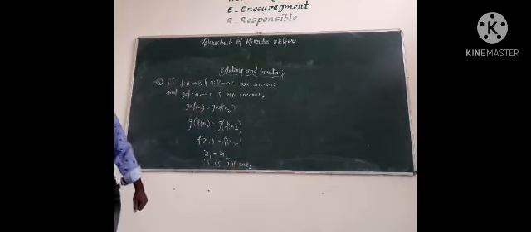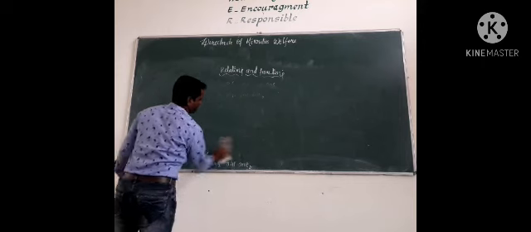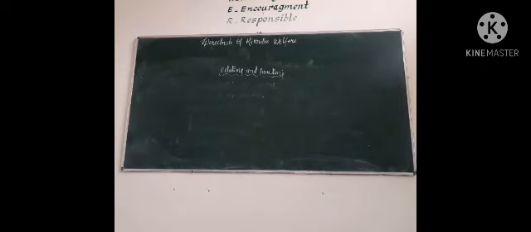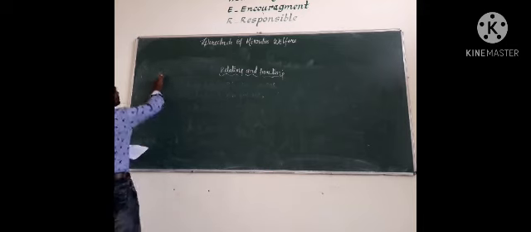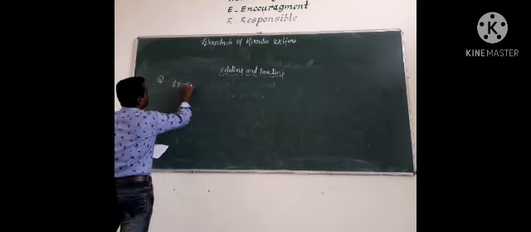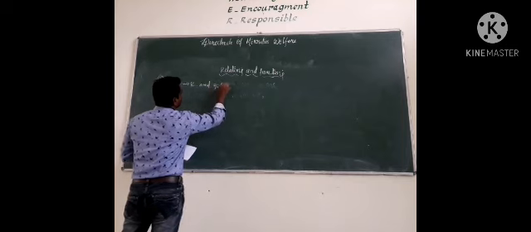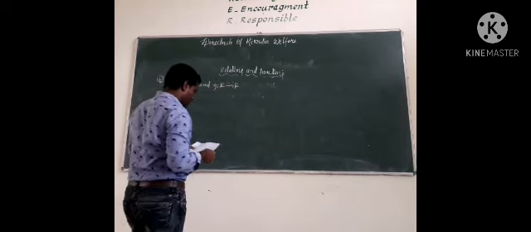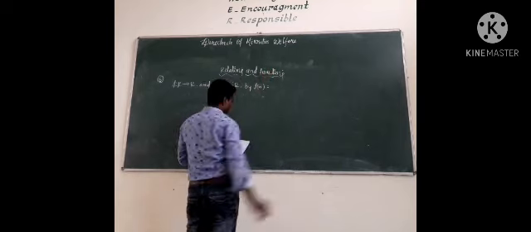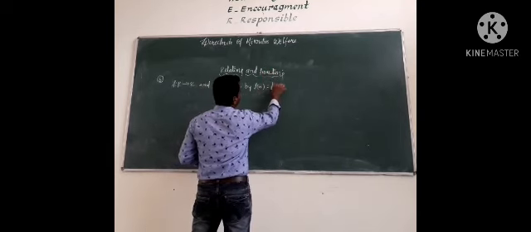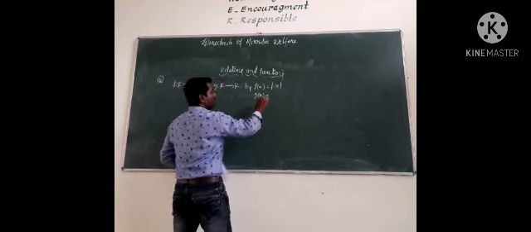Okay, next. If the function f of R2R and g of R2R given by f of x equal to modulus x, and also g of x equal to greatest integer x.